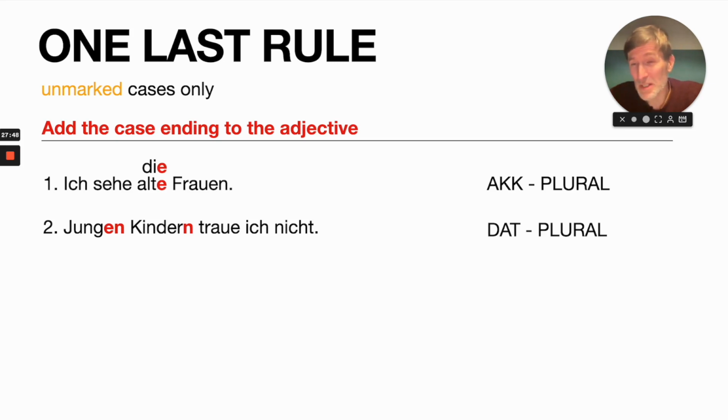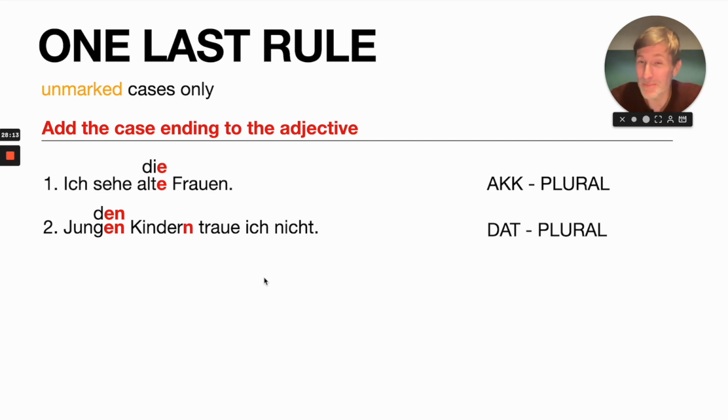This is actually a marked case. Yeah, a little oversight of mine, but also a good example. Nevertheless, in dative, you're pretty much safe with an N most of the time. So den Kindern traue ich nicht would be the same, just to make the point. But this is a marked case because of the Kindern.